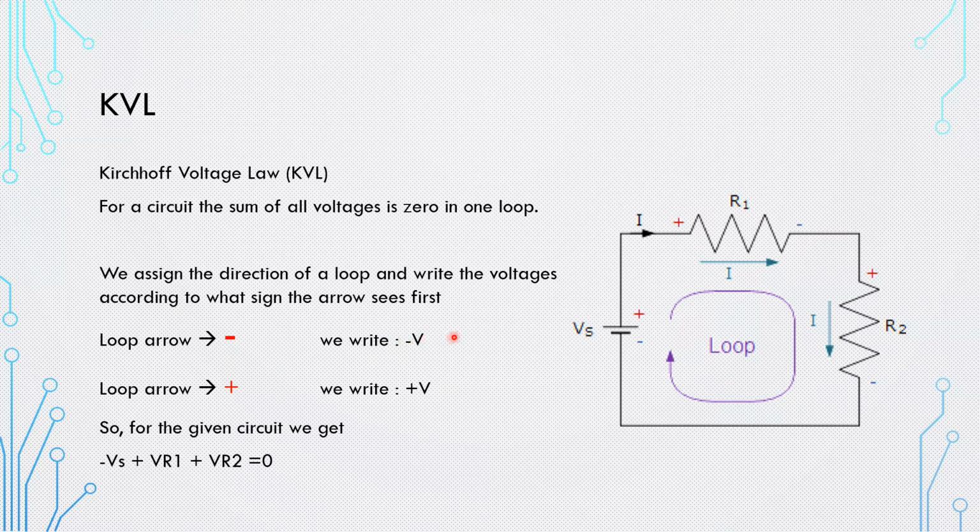To apply this law to find the missing voltage, you have to assign the polarity of each element. If you recall, for the voltage source, the long line is the positive and the short line is the negative. This is fixed. If it doesn't appear in your circuit, you have to assign it by yourself, positive, negative.